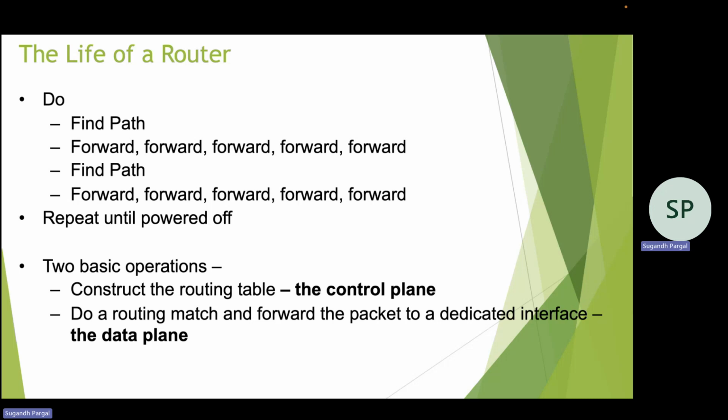That routing match is done over hardware in a router, known as T-CAM hardware, which we studied in the previous lecture. This is a hardware which stores the routing table, does the routing matching, and forwards the packet to a dedicated interface. This operation is known as the data plane.